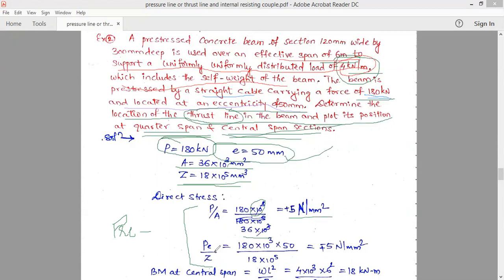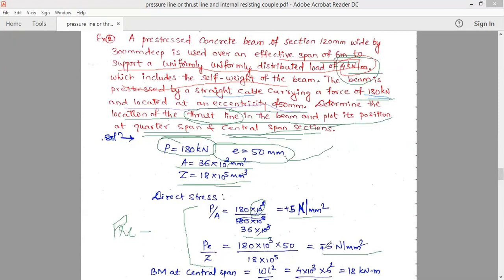And due to the eccentricity, the stress is P into E by Z, that is 180 into 10 to the power 3 into E, where E is 50 mm, divided by Z. As it is a symmetric section, ZT and ZB will be the same. So it is 18 into 10 to the power 5. So we will get the value of P E by Z as plus or minus value, which we are going to use here.